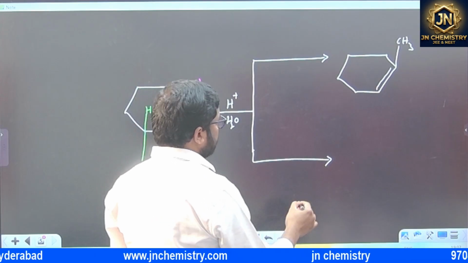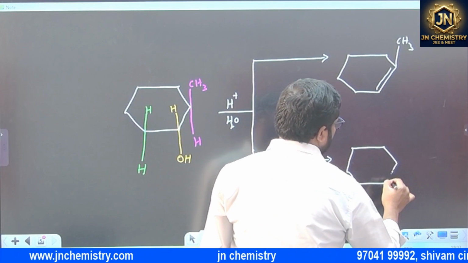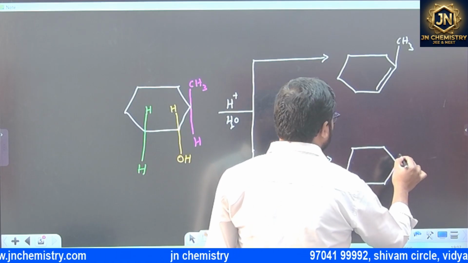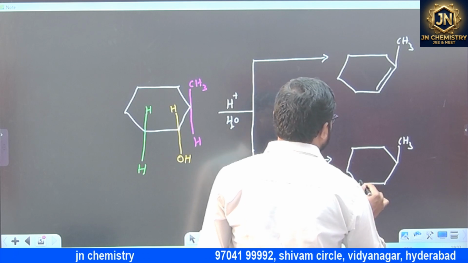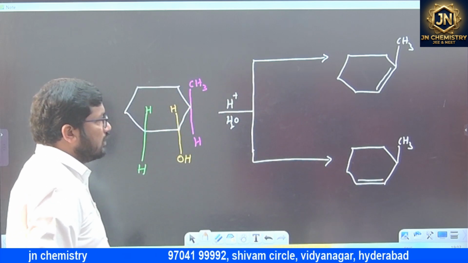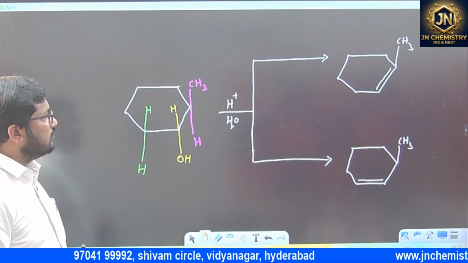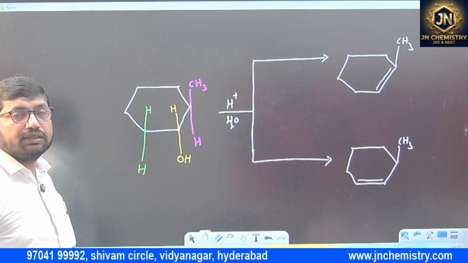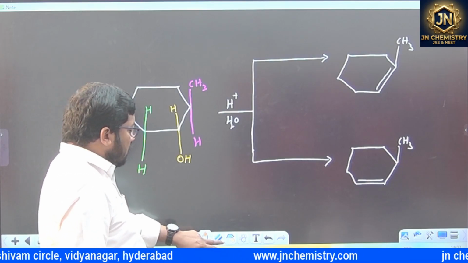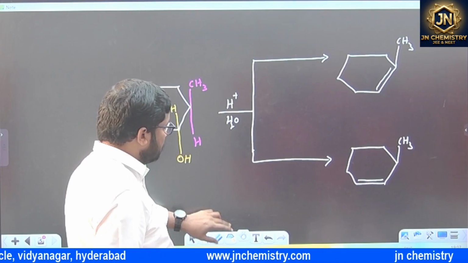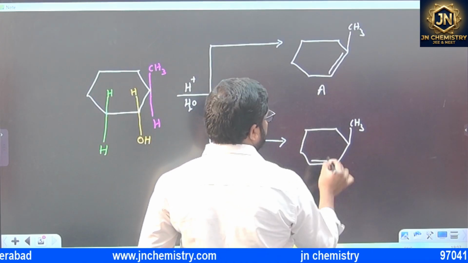And if the green hydrogen goes, we get the other alkene, CH3. In these two cases, which is more stable and which is the major product? A and B, this is A, this is B.